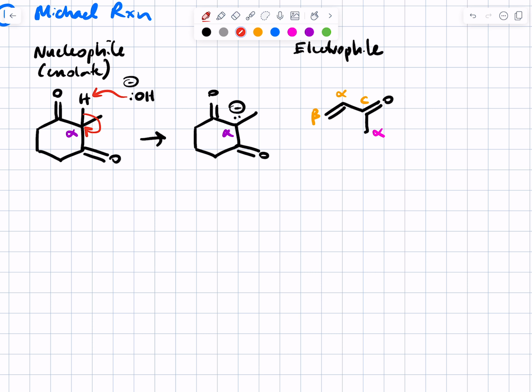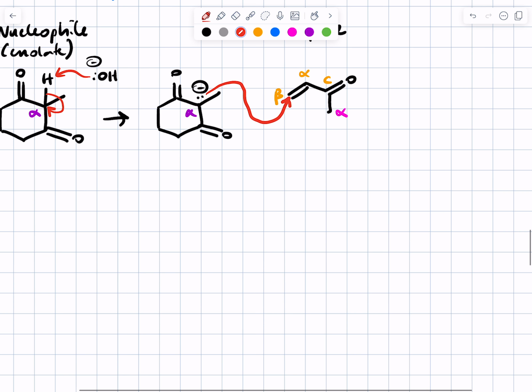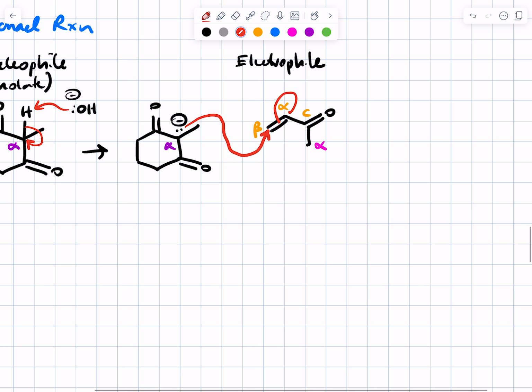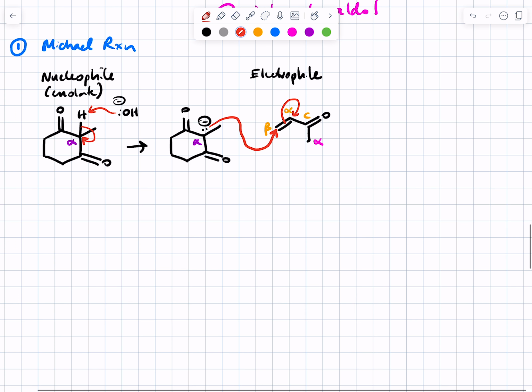In the Michael reaction, we expect the purple alpha proton to attack the beta carbon. Electrons move on to the alpha carbon to give us an enolate, which I'll draw here. We'll continue to label things.